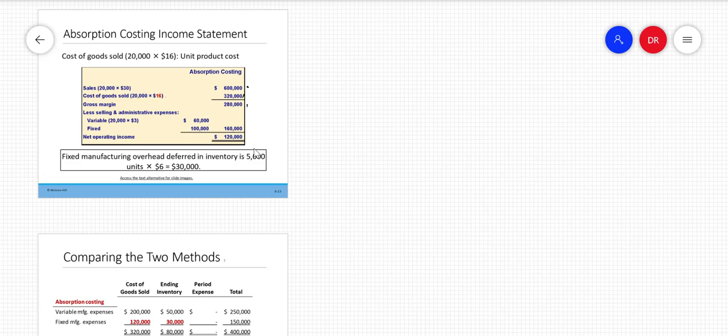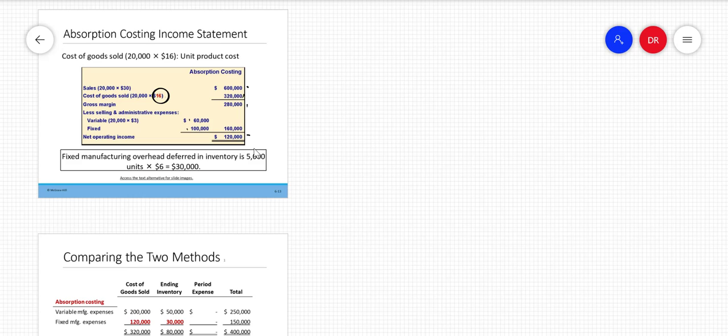The gross margin is here. Now, the difference is that the fixed overhead is buried in this. We're not going to deduct it down here in the selling and admin costs. So in selling and admin, we take the variable costs, 20,000 units at $3, and a fixed cost of 100,000. We wind up with $120,000 as net income.